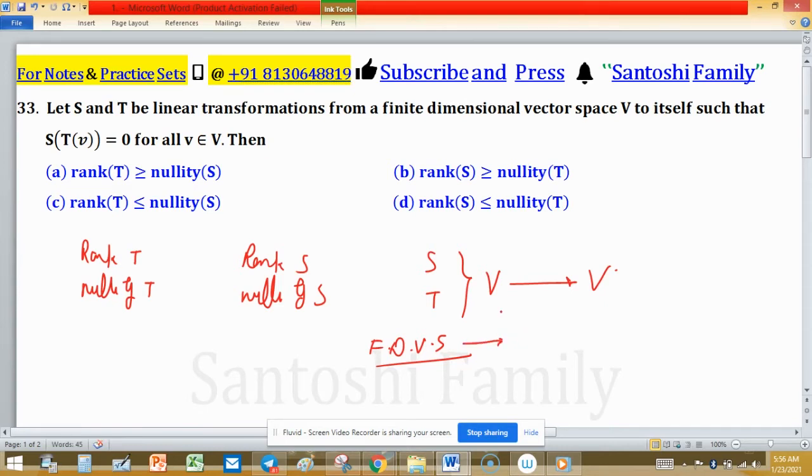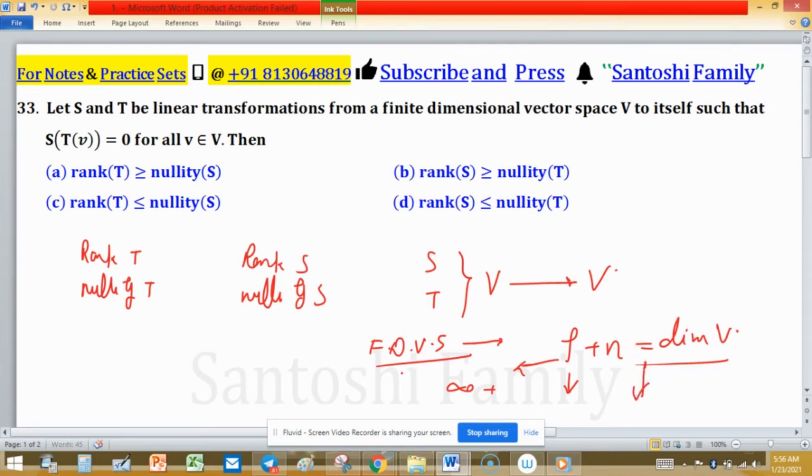If it is an infinite dimensional vector space, then rank plus nullity equal to dimension of vector space V, as a domain, this relation or equation will not hold anymore, because if one quantity or expression is infinity, then infinity plus something will come to infinity, and we can't say about their inequality.